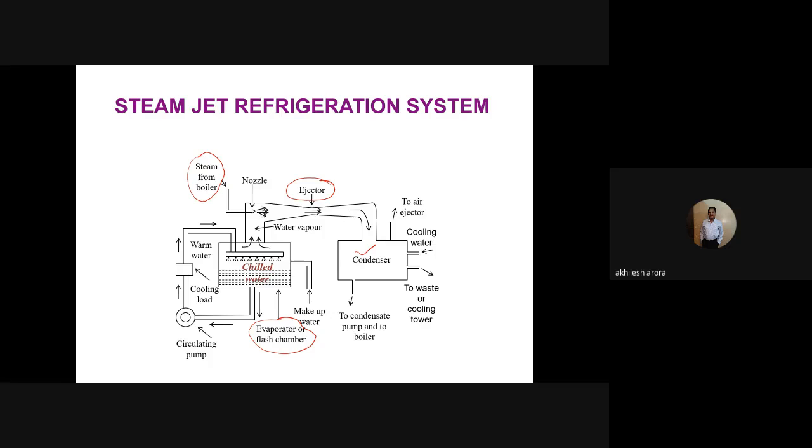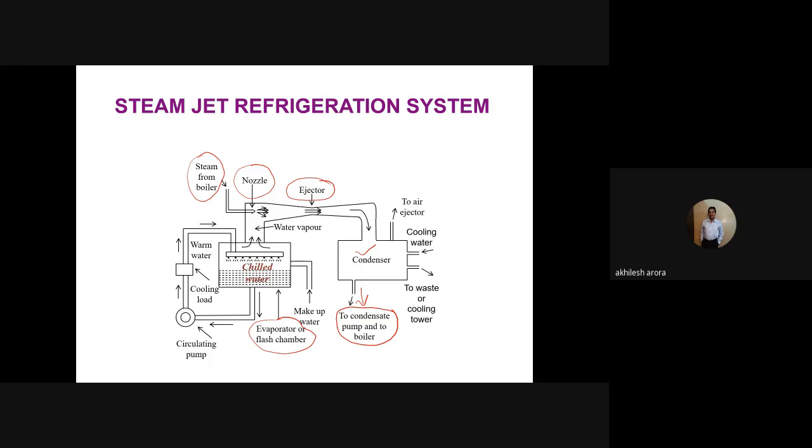Then you can see there is a nozzle at the entry to the ejector. Besides that, if you will see, there are various components whose names are given here, but they are not shown actually. For example, if you see this particular line which is coming out from the condenser, it is nothing but to condensate pump and to boilers.